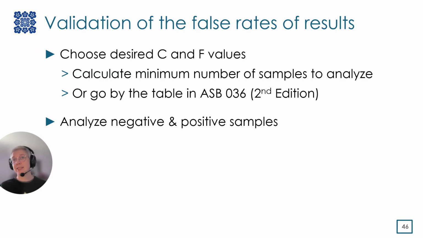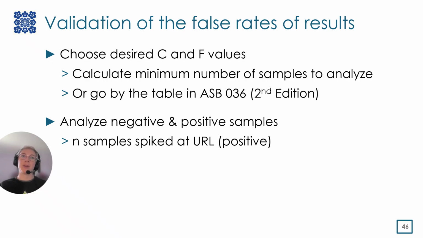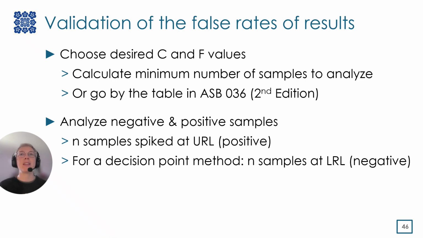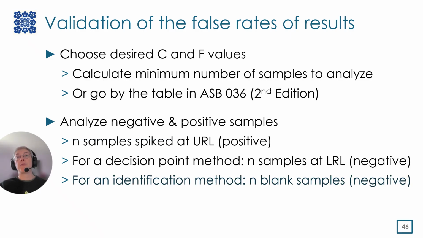And then you analyze n negative samples and n positive samples. For a decision point method, you're going to analyze n samples that are spiked at the lower reliability limit. But for an identification method, where the LOD is your threshold or decision point, you're going to analyze n blank samples, and these are going to be your negative samples.